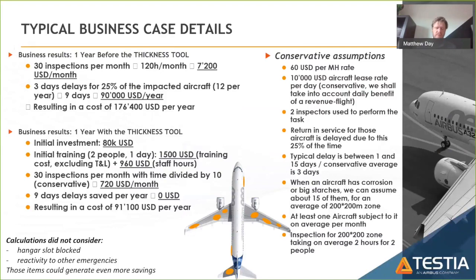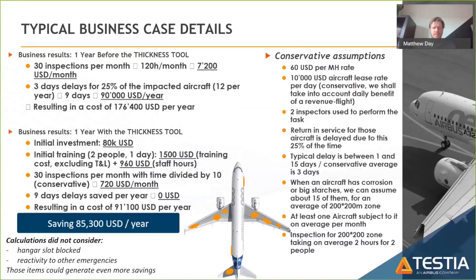Those items will generate more savings. But based on comparing the current traditional method against using the thickness tool, you'd be looking at saving around 85,000 US dollars per year, which is a considerable saving, almost the initial investment, which means that the second year you'll make those savings again.